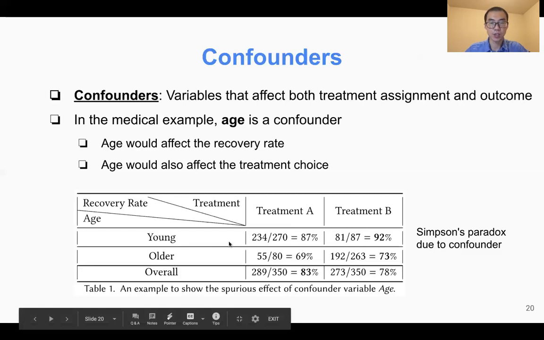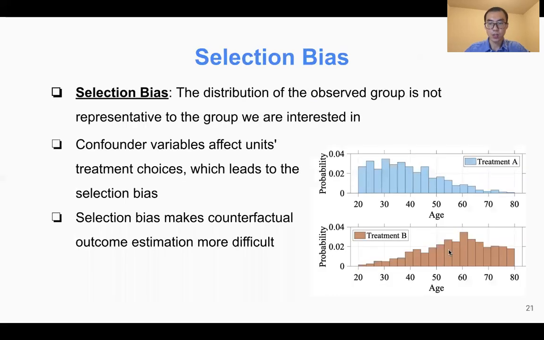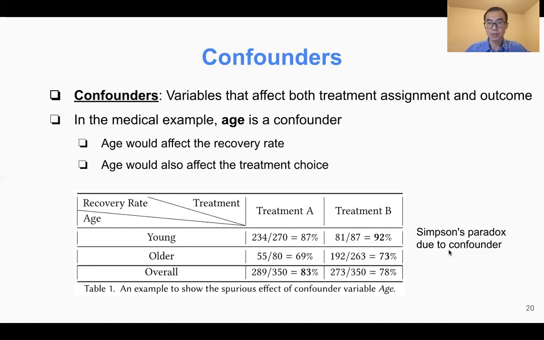If you check the results for young group only, you will see that for the young group, treatment B is actually more effective because the recovery rate is much higher. And meanwhile, for the older group, we have the same conclusion. Treatment B is more effective. So this kind of analysis will give us quite confusing results. This is also called Simpson paradox due to the confounder.